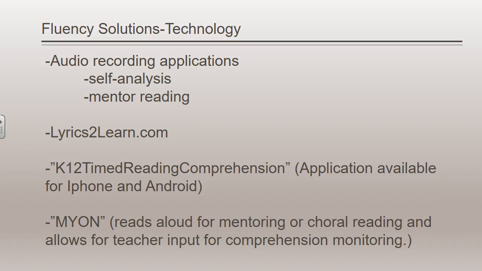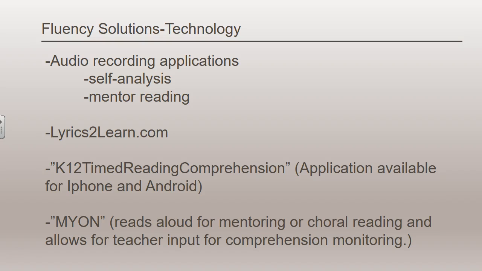K-12 Timed Reading Comprehension is another app that I've used. It's available for both iPhone and Android. There's a free version that's very basic, but it is also very functional. The paid version, I think, is something like $5 at the Play Store or on iTunes. I'm sure it's comparable.